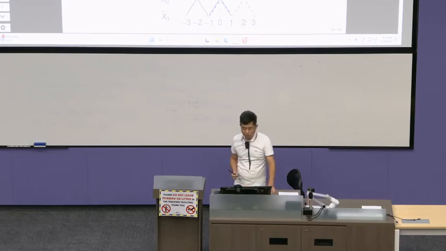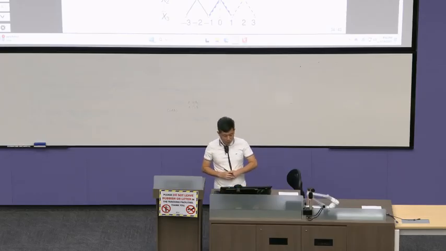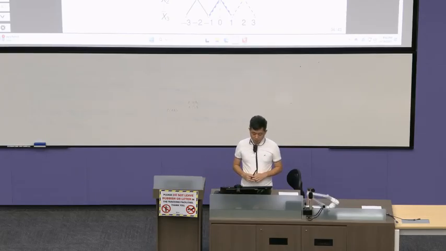Further, we define xn plus 1 equals xn plus yn plus 1, and xn tilde n plus 1 equals xn tilde plus yn plus 1. Let's see. We want to show that x fulfills the Markov property, but x tilde does not.